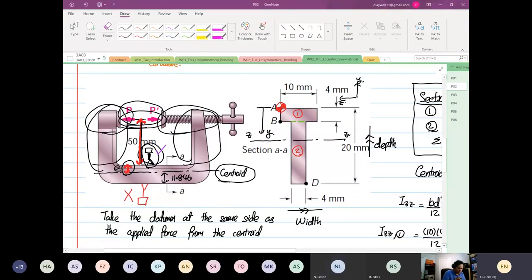Right. So we did not care about that because that will induce the moment. We are only interested in this cross-sectional area. Does that make sense? Because the failure is going to be at section AA, for example. Remember what I told you? You calculate your stress based on where your structure will fail. So you're interested in this region. That's why you only need to consider this cross-sectional area.